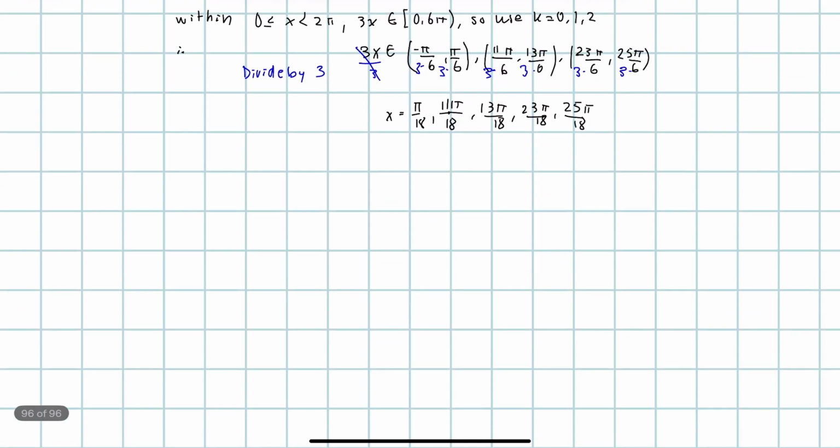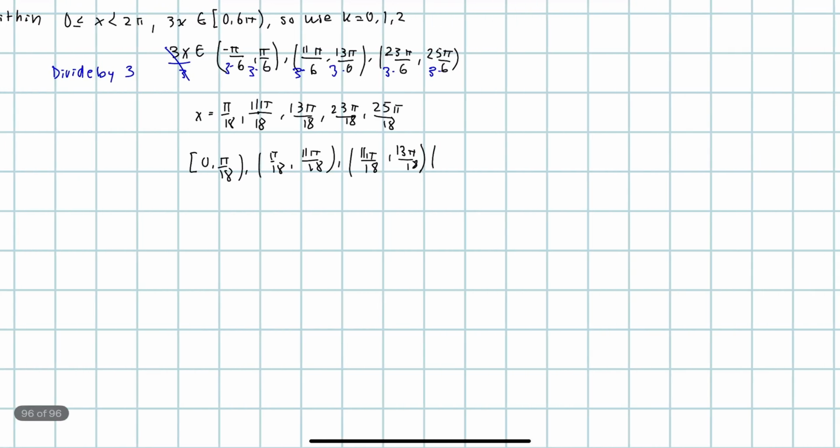So that means our intervals are going to be from 0 to pi over 18, and then we also have pi over 18 to 11 pi over 18. Oh, and then we have 11 pi over 18 to 13 pi over 18.